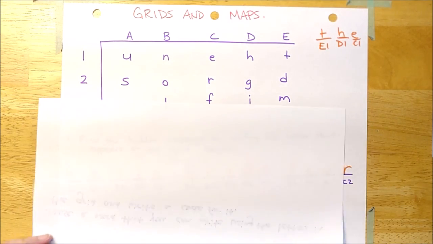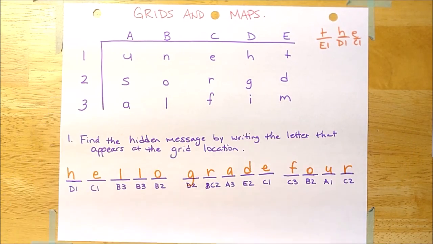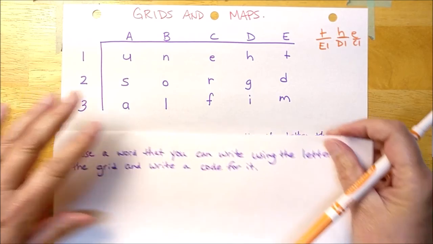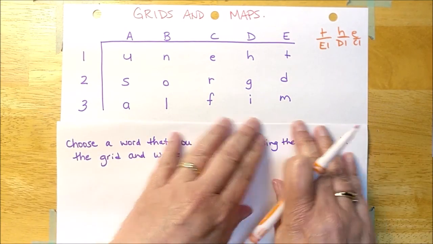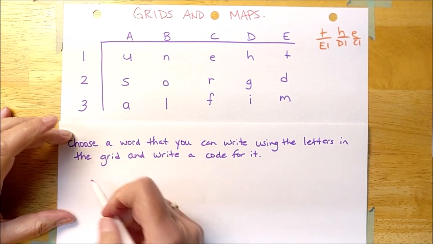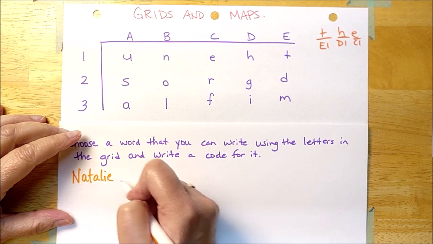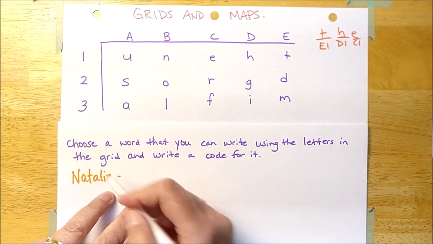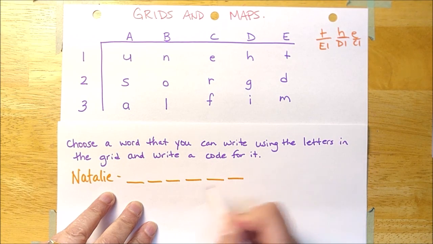So now what you're going to have to do is see if you can find a word in here and see if you can write the code for it. So I'm going to pick a very obvious word, and the word is my name, which is Natalie. So I am going to write my name in code. 7 letters.